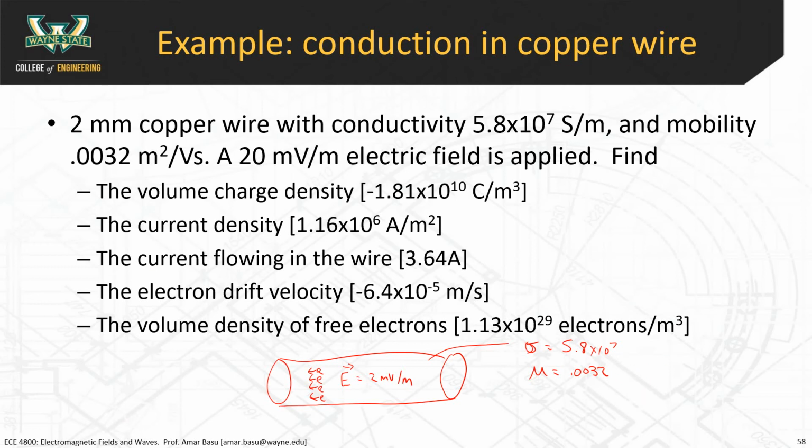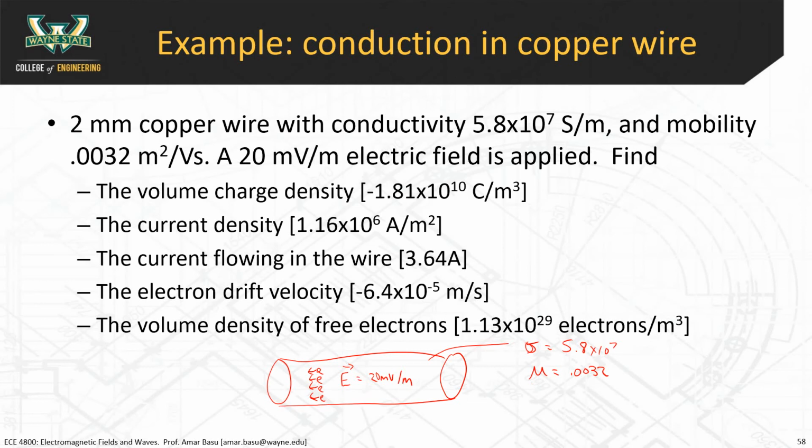However, if you're working with MKS units, most of the things that we're working with here are MKS units, sometimes I don't put the units here. If we're working with anything other than MKS units, the units have to be there so that you understand. For example, here we're given 20 millivolts per meter. That's not MKS. So I'm just explicitly saying that there.